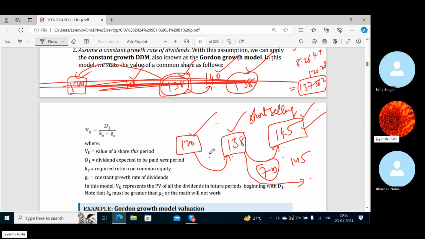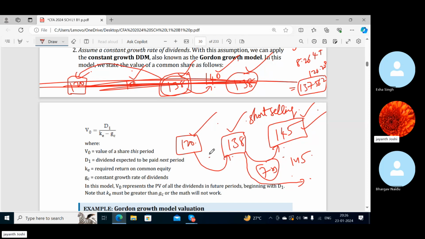If you want to find the present value, you have to discount the future value. Let's say today you are buying a preferred stock, and at the end of the year you're going to get a dividend of $10. The company is promising you a return of 10%. So let's say the dividend is $10 and the return is 10%, 0.10.